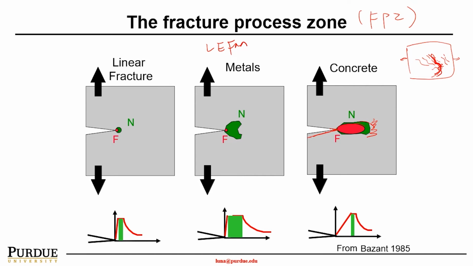So therefore, Professor Bazant from Northwestern University in 1985 proposed this fracture process zone in concrete, and based on his theory, it is very important to consider the fracture energy, the mesh size, and also size dependency, or what people call the size effect in concrete.